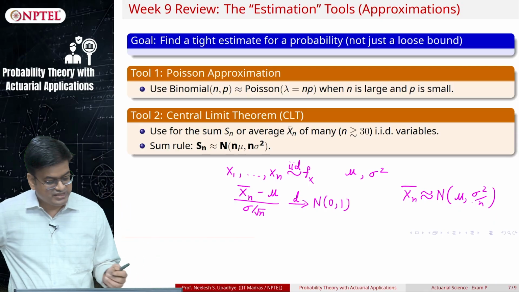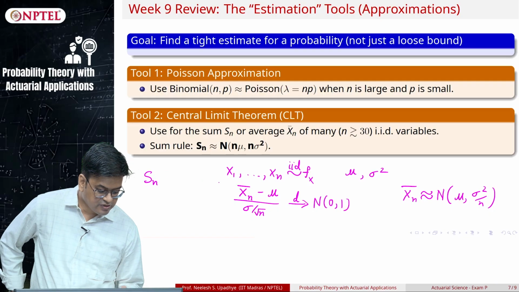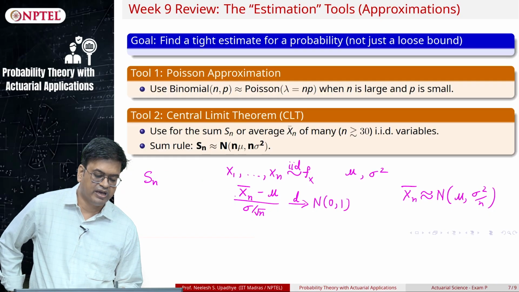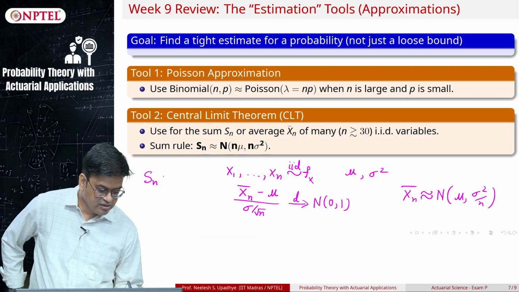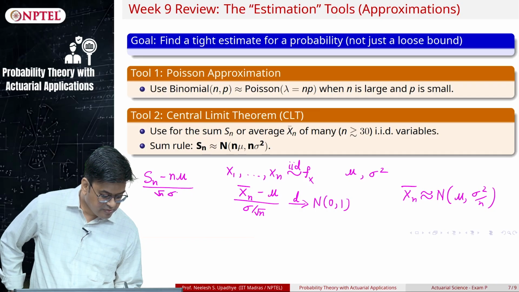I can rephrase this in terms of Sn. If I reframe this in terms of Sn, xn bar is 1 by n times Sn, so I have to multiply by n, so it is Sn minus n mu upon root n sigma.